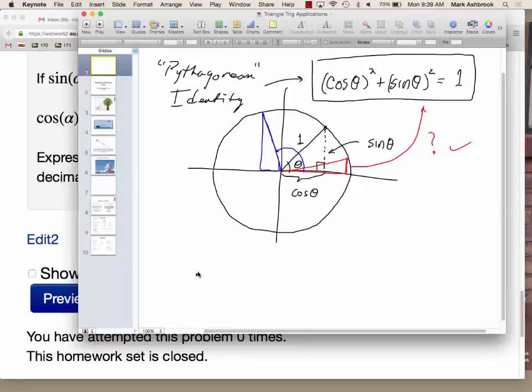And another way to write these squares is to write it this way. You'll see it this way. This means the exact same thing. It means find the sine of theta and then square it. Find the cosine of theta and then square it.